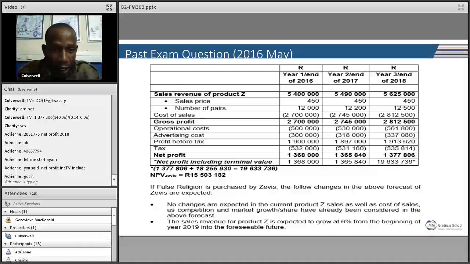So we want the net profit, including terminal value for year 2016, and also for 17, and also for 18, so we can calculate the NPV.